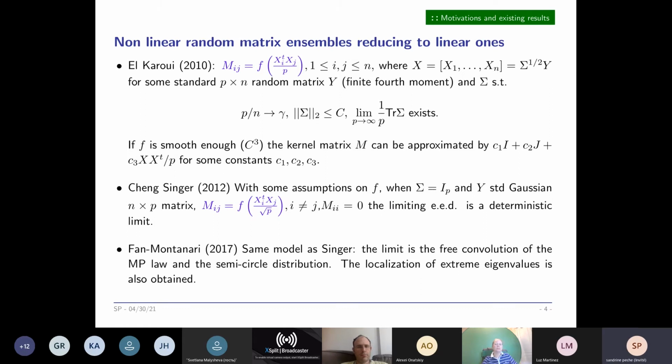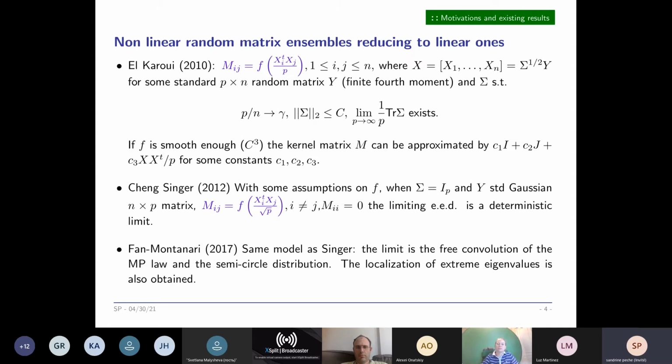By standard, I mean that the entries of Y have a finite fourth moment, okay? So the normalization chosen by El Karoui is that we divide this scalar product by P. And then he considers the case where the matrix sigma is deterministic. Okay, it is bounded and its normalized trace converges to some limit.